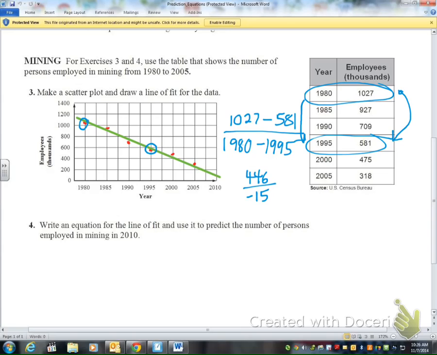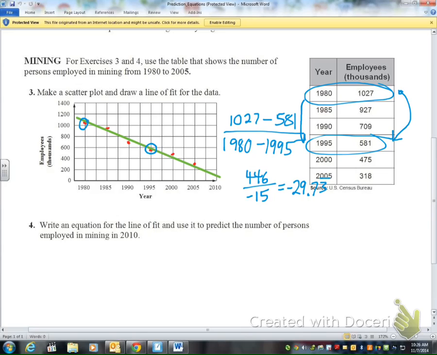And then we can actually divide out, since we're not going to be using the slope to graph these, as far as rise over run and drawing it, you can get your slope into decimal form here. So I'm going to do 446 divided by negative 15, which gives me negative 29.73 repeated.